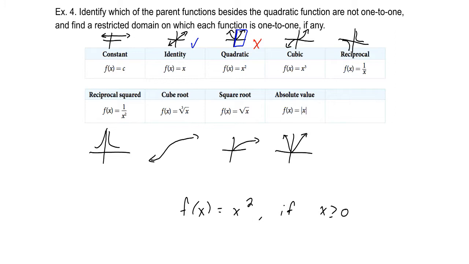All right, let's see. The constant function, that one is not one-to-one, because a horizontal line will cross that exactly. Now, is there any way we can restrict our domain to have a one-to-one function? The answer is actually no. This one is just flat out not invertible, because we cannot restrict our domain somewhere and get a one-to-one function.